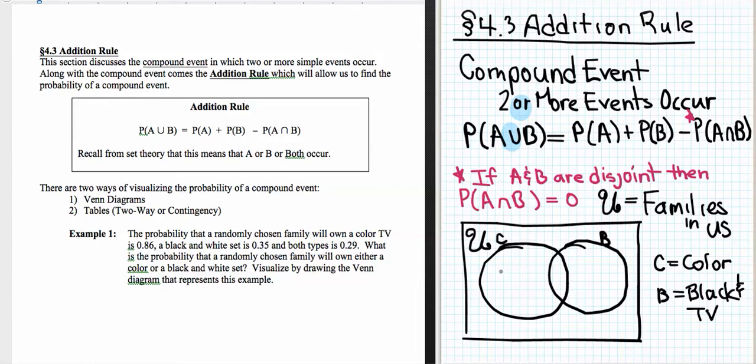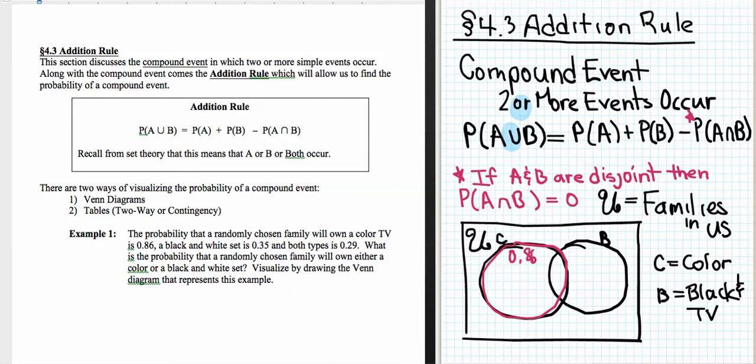So the probability of owning a color TV, this probability in and of itself, I'm going to put this one in bright red, so the probability of being within this set is 0.86. So probability here being 0.86.